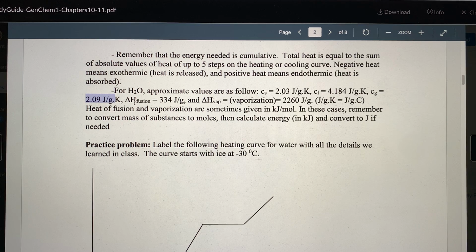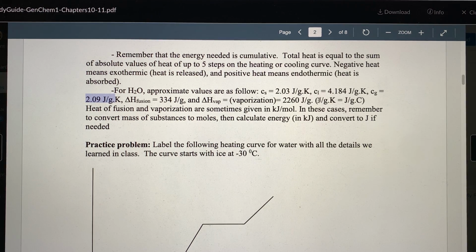Okay, and fusion is, as I mentioned before, per gram, so 334 joule per gram. And then for vaporization, it takes more energy to make the molecules fly, so that's 2260. So it's a lot more energy to vaporize something. Okay, and that's 2260 joule per gram.